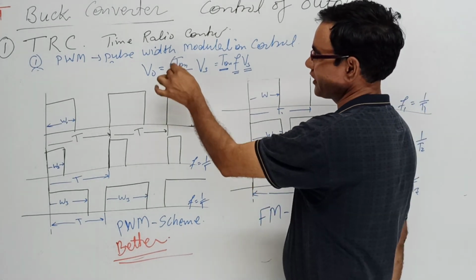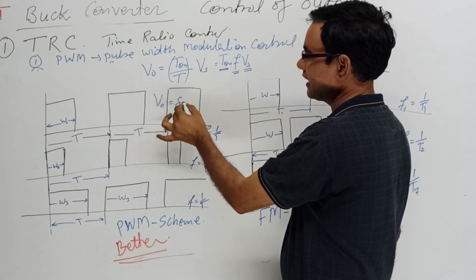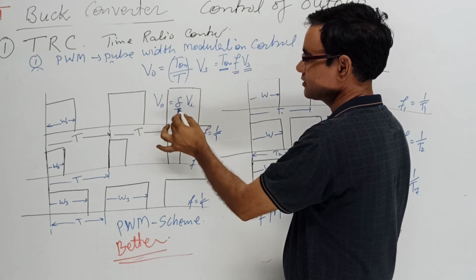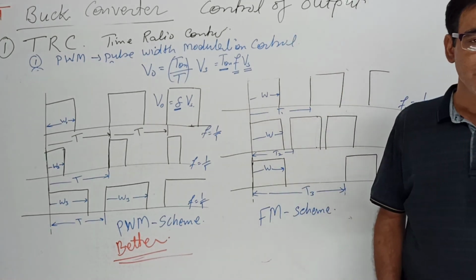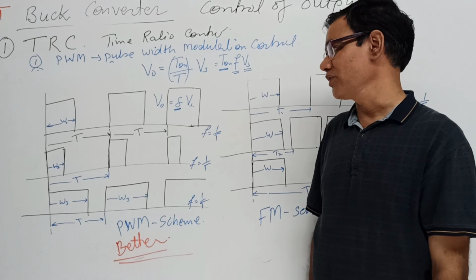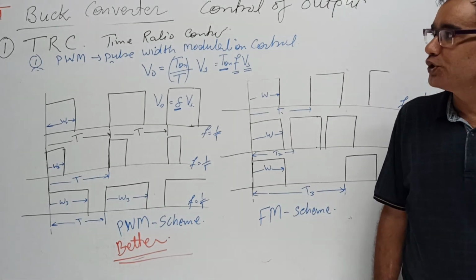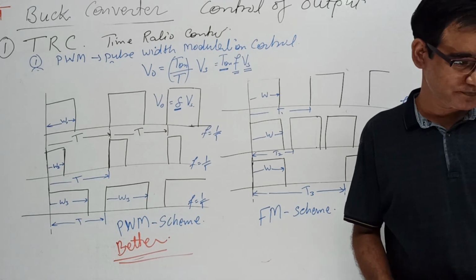Otherwise it is also written like this: V0 equals delta into Vs. Delta is the pulse width duration ratio, the on cycle ratio control, or duty ratio control. So this technique is also known as the duty ratio control technique.